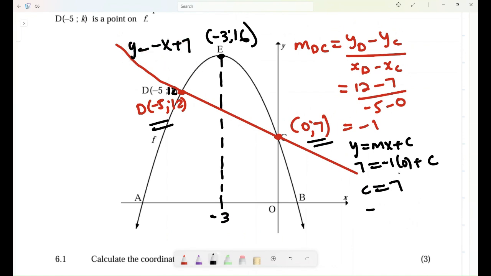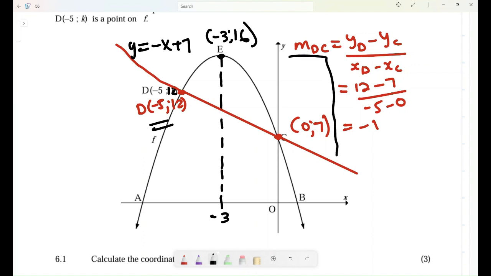Or instead of using this method here, you can say the gradient is still the same. So instead, you're going to say y minus y1 is equal to m into x minus x1, right? So y1 that we used is 7, -1 is our gradient, and x minus x1, x1 is 0.